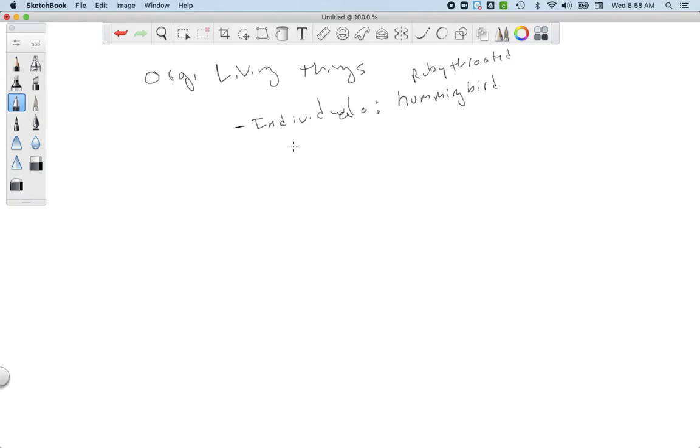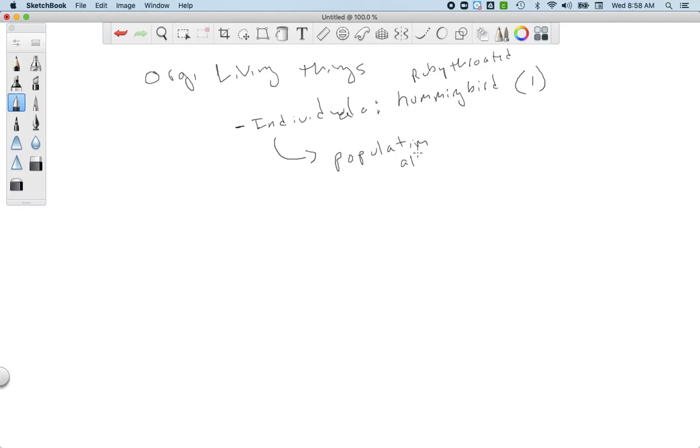And you're working with that individual organism so that you can learn more about its population. So here's one ruby-throated hummingbird that I hope comes to my bird feeder this summer. But that one ruby-throated hummingbird is part of a number of hummingbirds that are in the area.